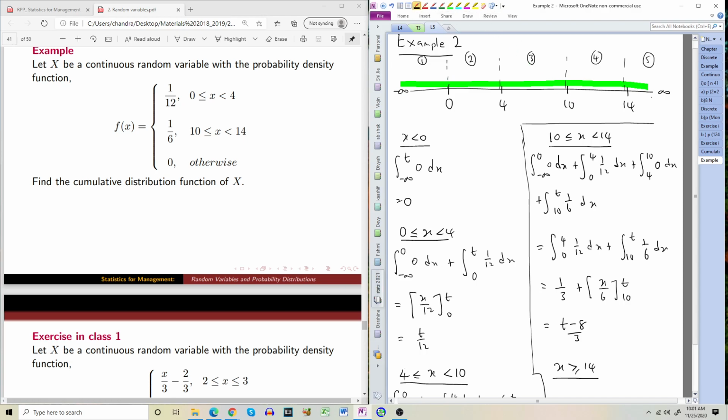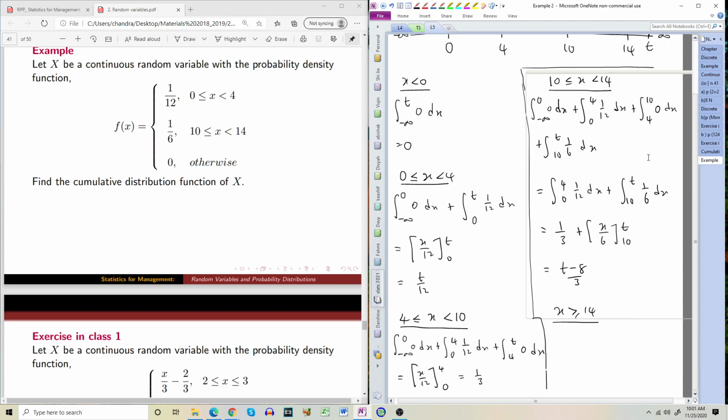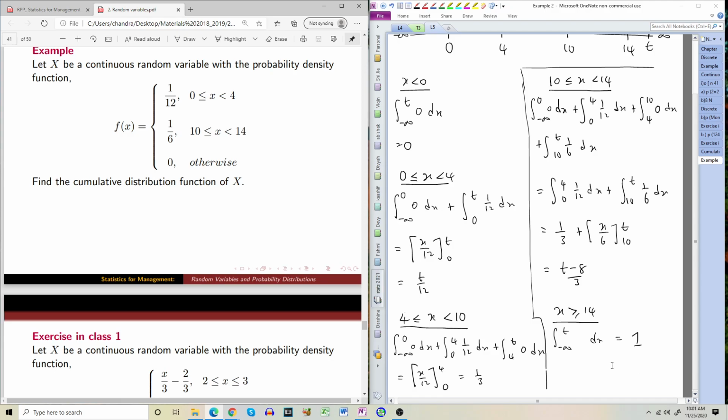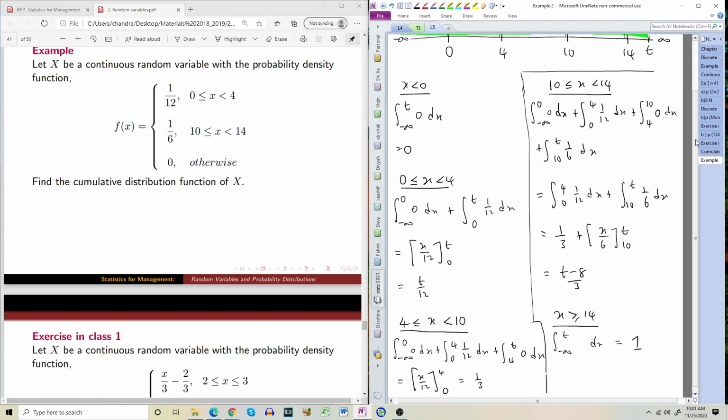My t is in the fifth interval, and if you do this, you will get 1. Okay, I give you some time to copy this. You can do the final part later. Copy this.